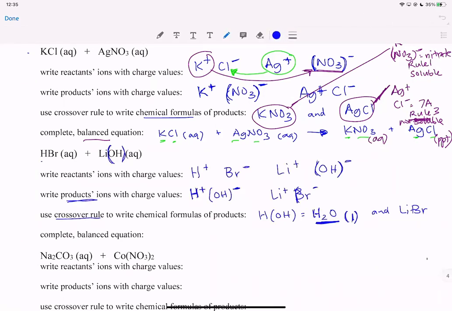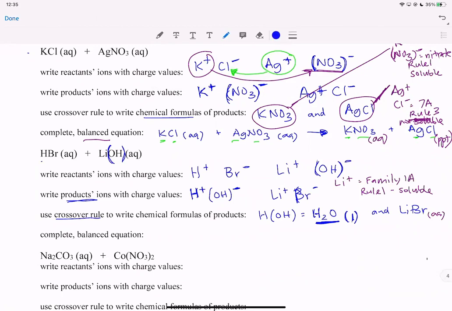We need the physical state of that. The lithium ion is in family 1A, and family 1A is rule 1, and those are all soluble. So you can add an AQ.